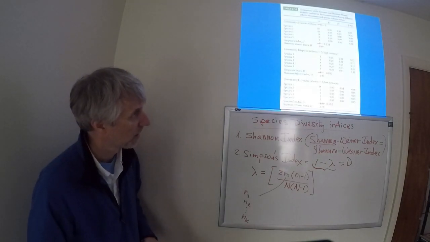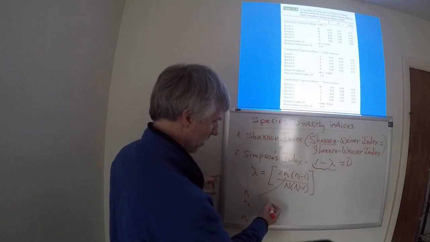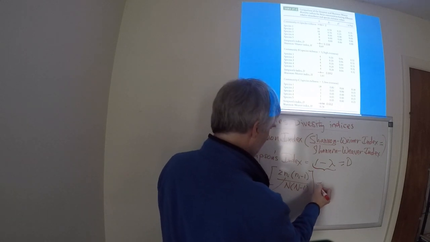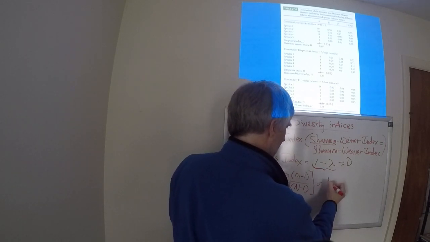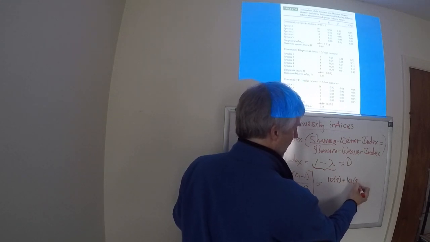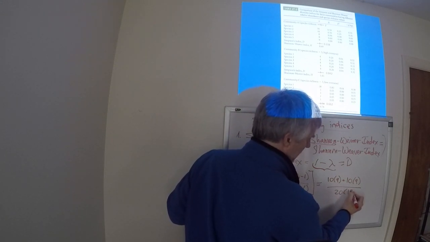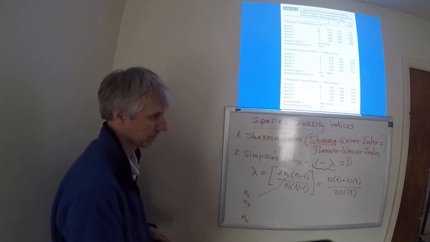Okay? All right, so that means that for this first one, this would be equal to 10 times 9 plus 10 times 9 divided by 20 times 19. Okay?